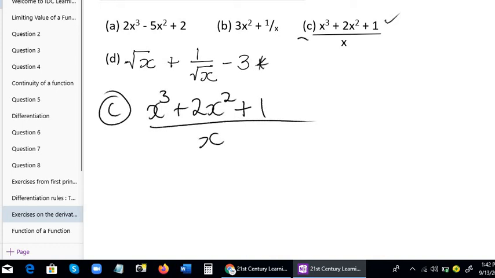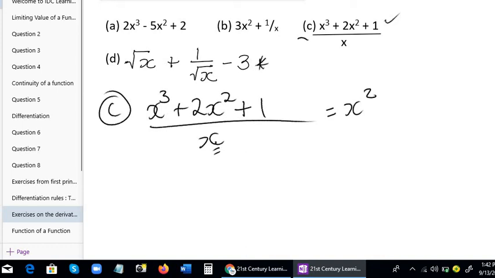Now, I can also rewrite this. Or better still, I explained the importance of breaking down a function when we talked about limits. So I can use this x denominator to divide through. So I'll have x cubed divided by x, I'll be left with x squared.